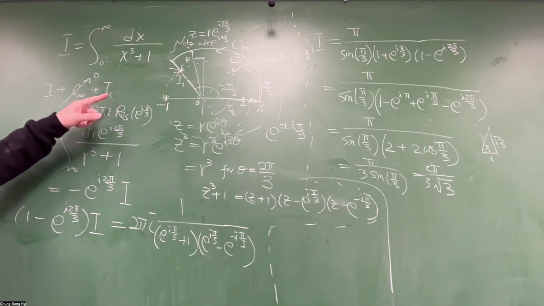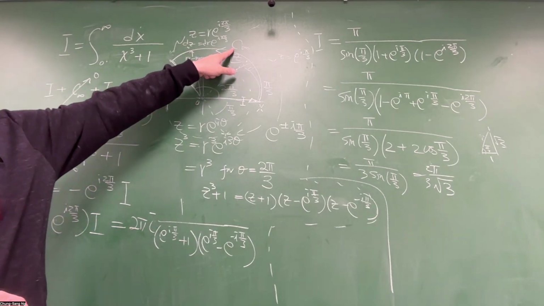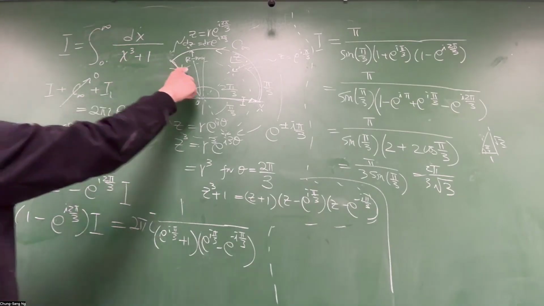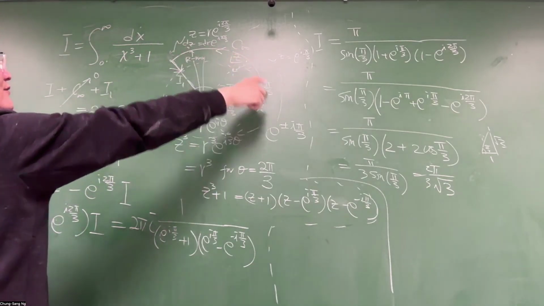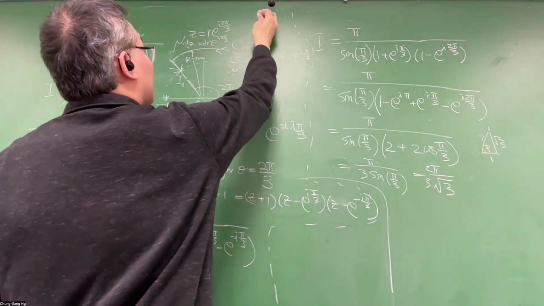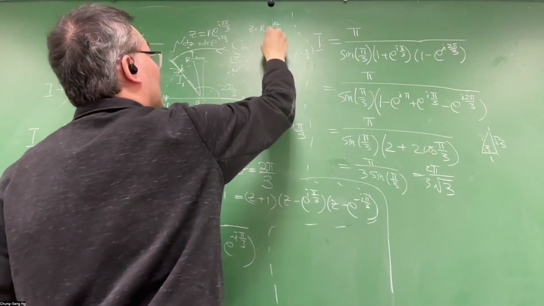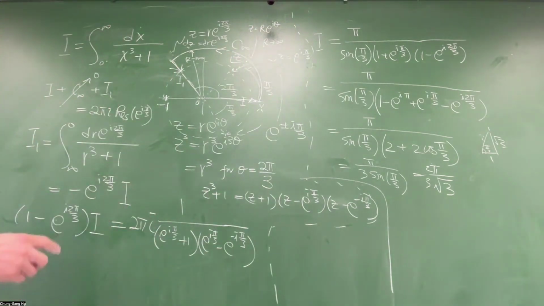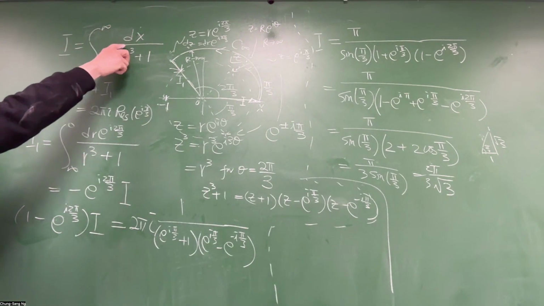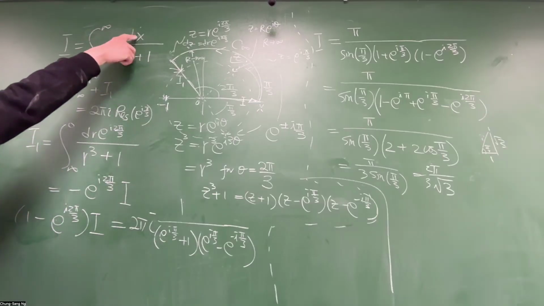Where are you pointing? This one? Why is it 0? This is integrating this integrand along the path when z goes to infinity, along this path, z equals r e to the i theta, and we let r go to infinity, right? And the integrand has r cubed here, right? So you have r divided by r cubed is 1 over r squared, right?